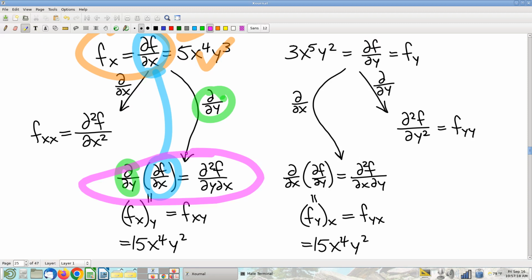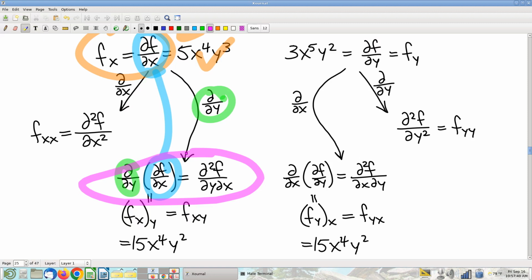This has always made me a little uncomfortable. It's just notation, though, so don't sweat it. Where it says squared, nothing's being squared. This is just in recognition that we're taking a partial of a partial, and there's two of them there, and it's just a little easier to write it like that than like this.